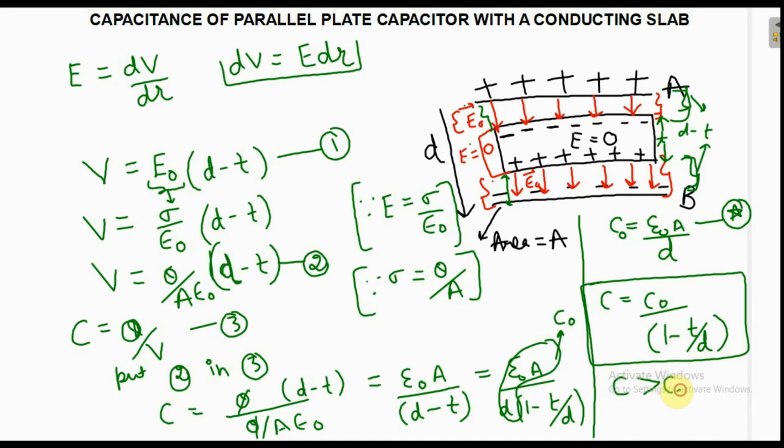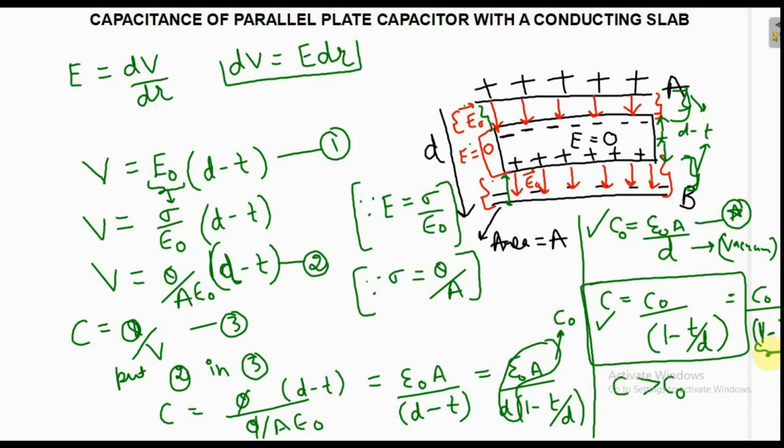From this expression you can see C is greater than C naught. In the equation star, the equation star is the equation which is applicable for vacuum. Okay, so the next equation is for when conducting slab is inserted there. So out of these two, you can see easily from here, in the denominator something is going to subtract, and you can compare this equation with equation star. So in this denominator one term is going to subtract.